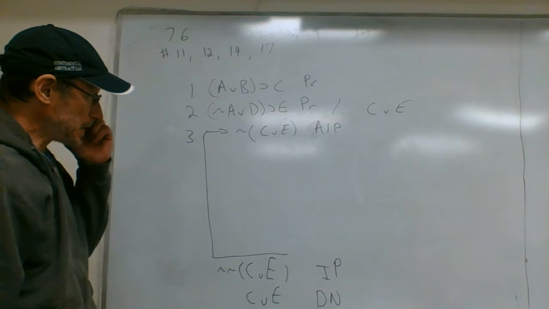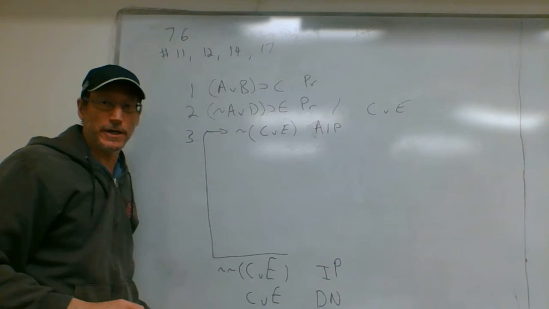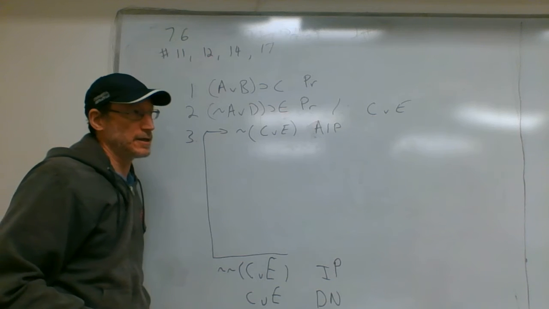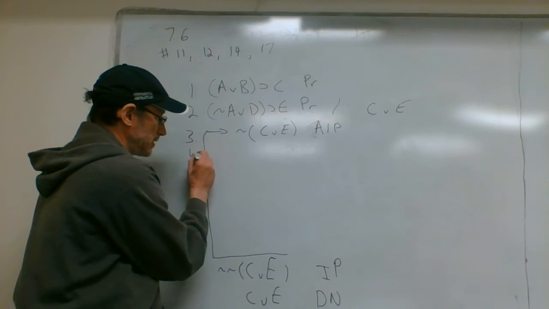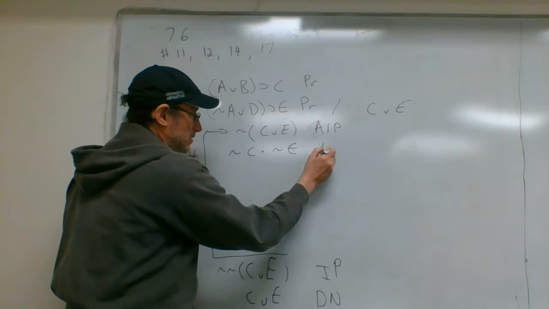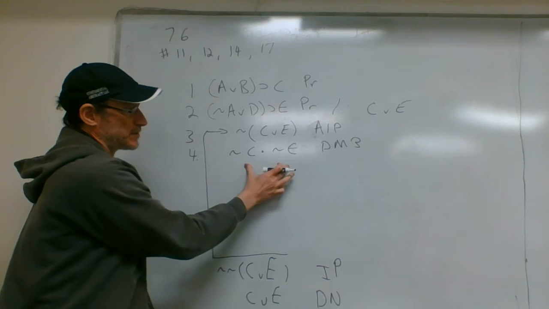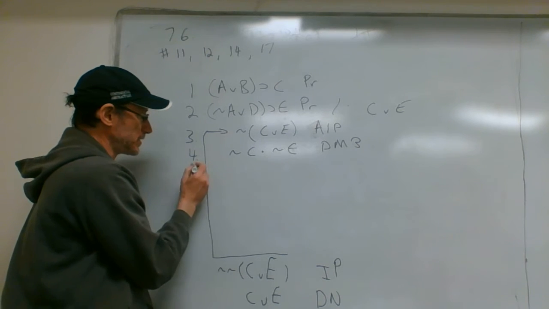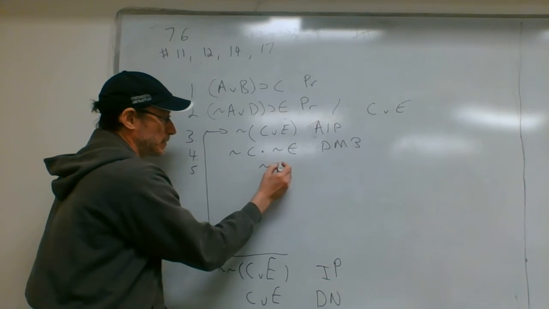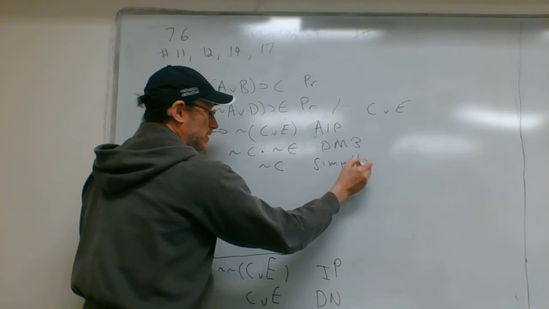Okay, so here we go. Now I have not C wedge E. When you have the negation of a wedge, it's a very powerful formula. So you can do a De Morgan to get not C and not E. That's De Morgan on 3. Then you simplify. Whenever you have a conjunction, it's a good idea to simplify. We'll get not C by simp on 4.